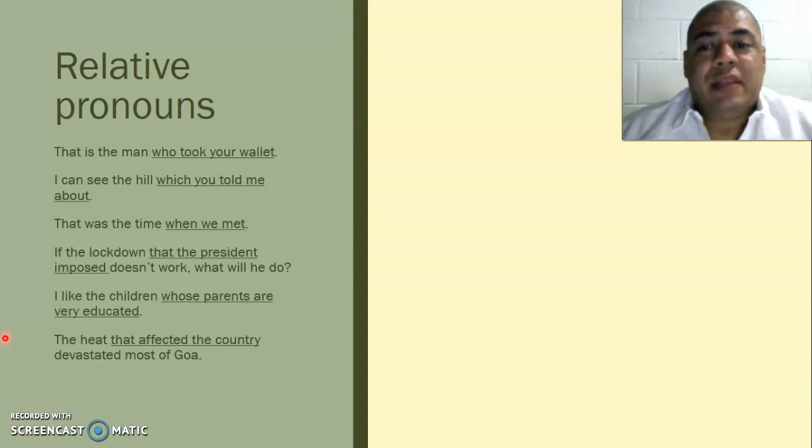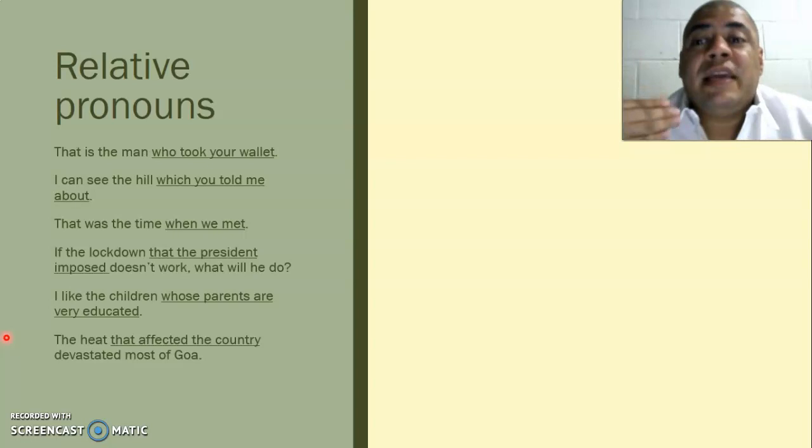Now, this is where it gets interesting. I need you to pay attention right now to find the function of the relative pronouns, because I bet you can identify the relative pronouns in these sentences. I mean, the clauses are underlined, and as I told you, the relative pronoun is the word that introduces the relative clause.